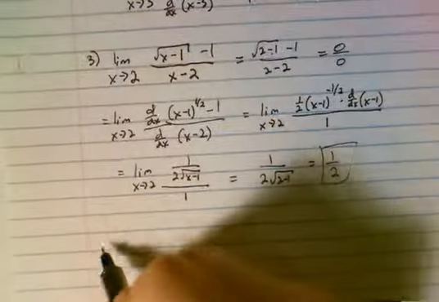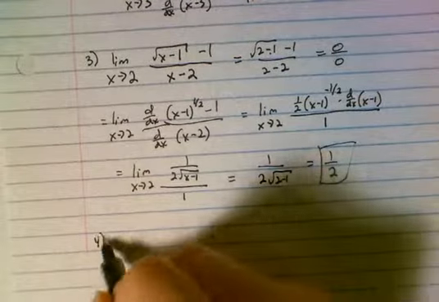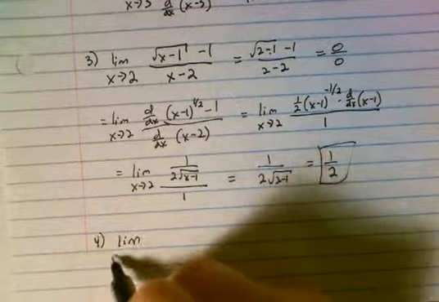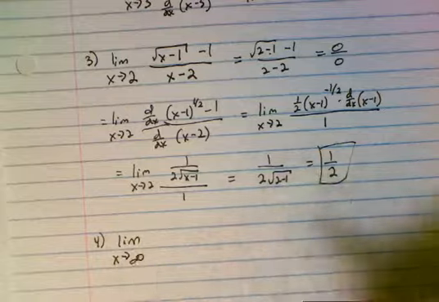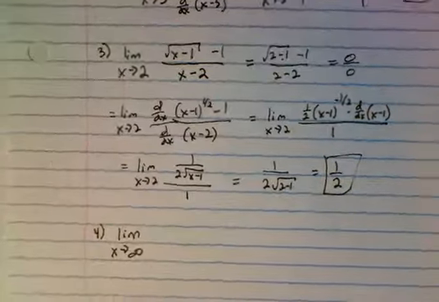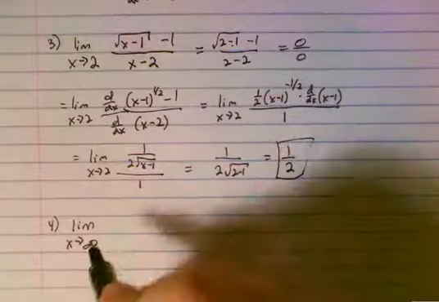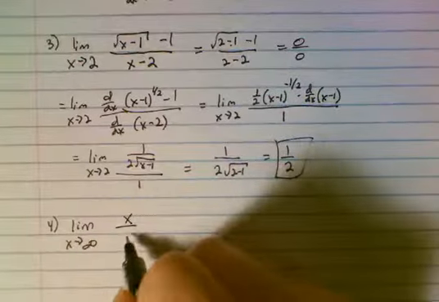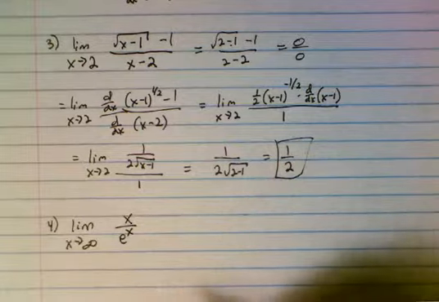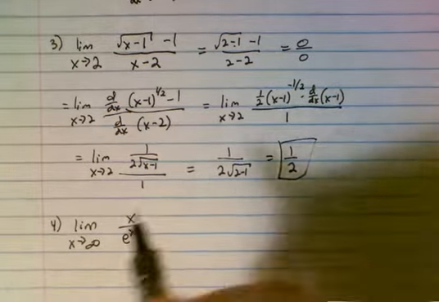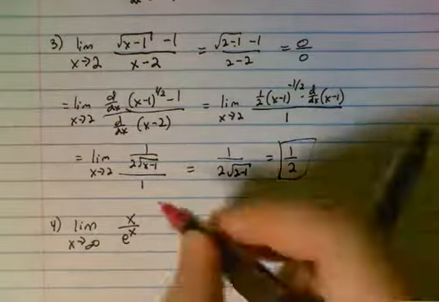And L'Hopital's rule can also be used when we're working with infinities. So, limit as x approaches infinity. These were the problems in limits 3. So let's say we have x over e to the x, and we're trying to find the limit.